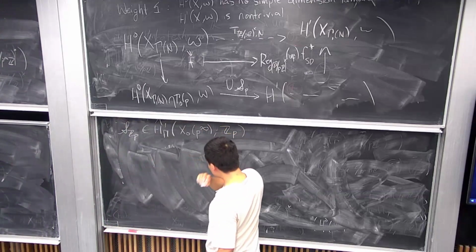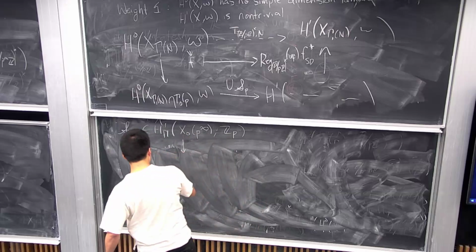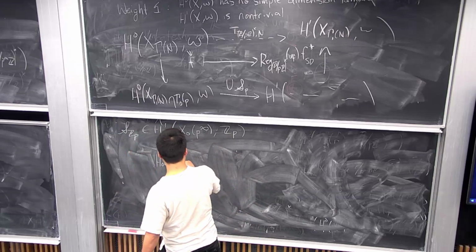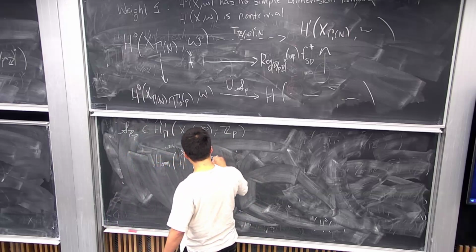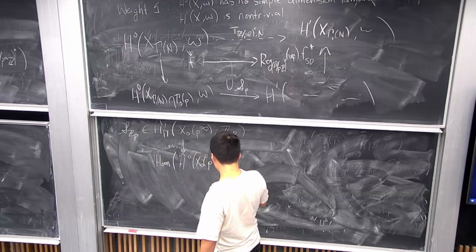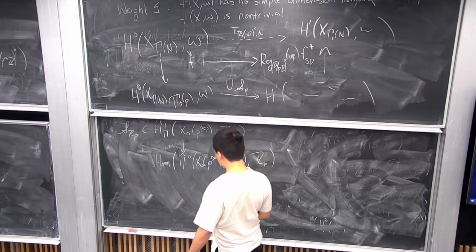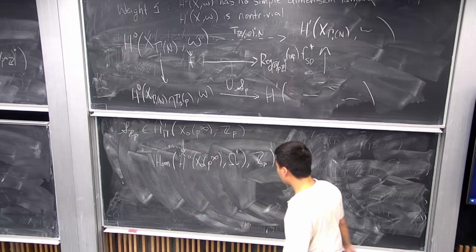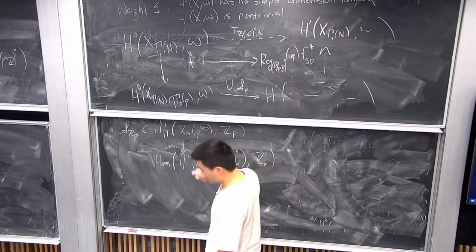And then I do the same sort of things and then use Serre duality to get H0 completed Zariski of X naught P infinity, omega 1 ZP. So now I have a ZP valued Shimura class. But the source is this completed cohomology space.